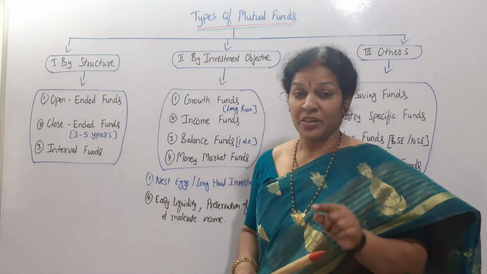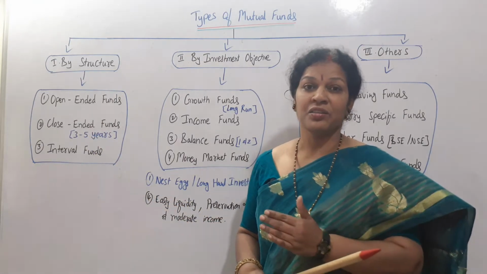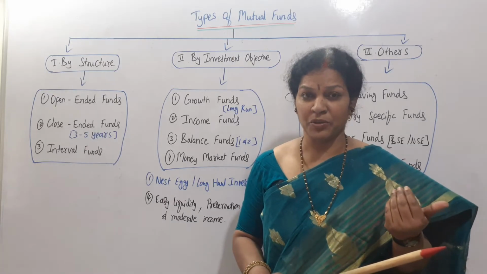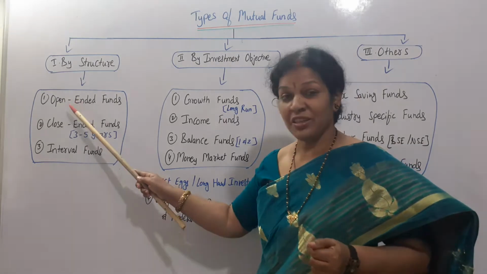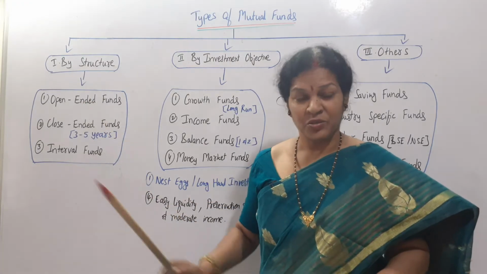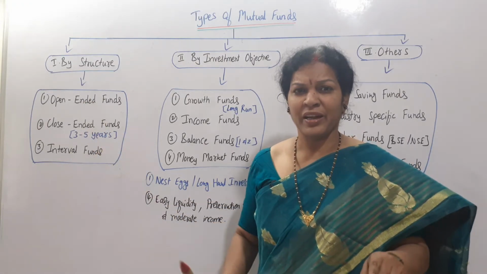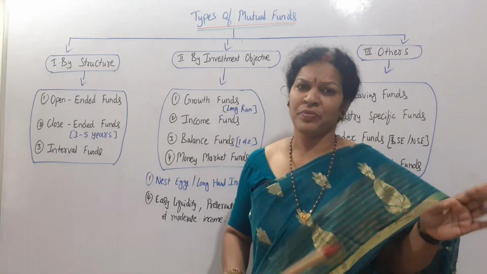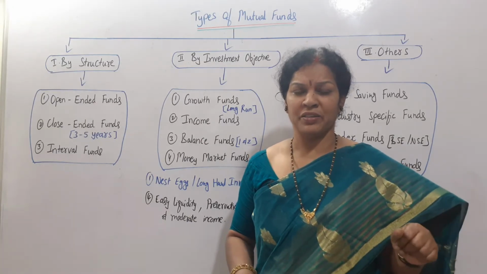During this lock period, they cannot withdraw their money. They cannot take back the mutual funds investment, whereas here it was open-ended. So here lock period is 3 to 5 years, and releasing of mutual funds also occasionally, not regularly. Whenever it is released, people can go and buy it.